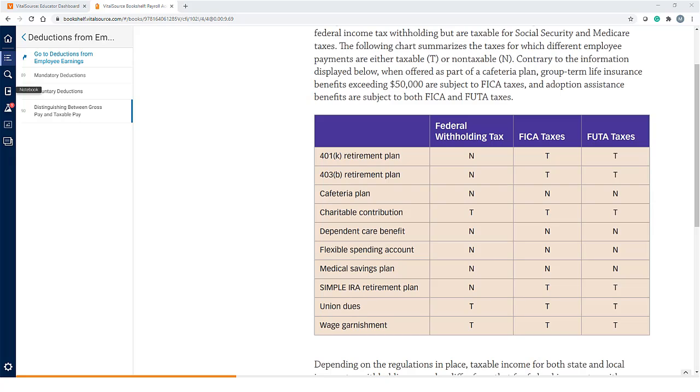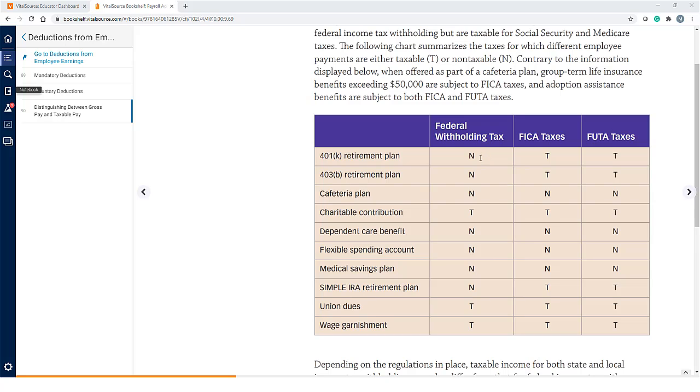Look for this page in Chapter 3 and bookmark it. I will utilize this for my test, quizzes, and assignments. So this is a summary chart that tells you all these different items in this column: the retirement plans, cafeteria plan, charity, dependent care benefits, flexible spending, medical savings plan, and so forth. All these different items, and which items are subject to federal income tax.